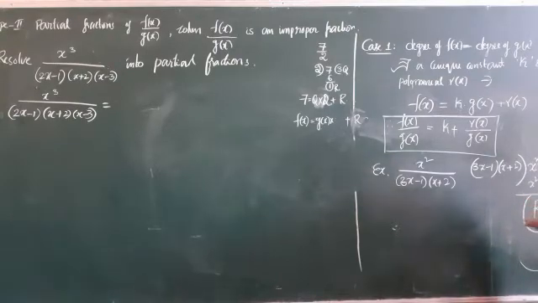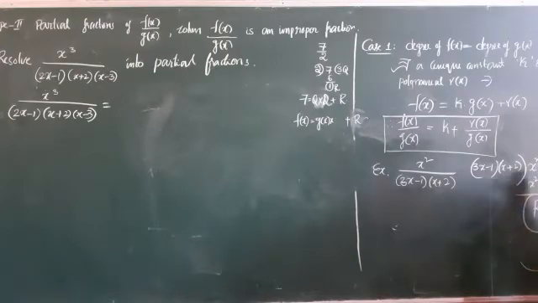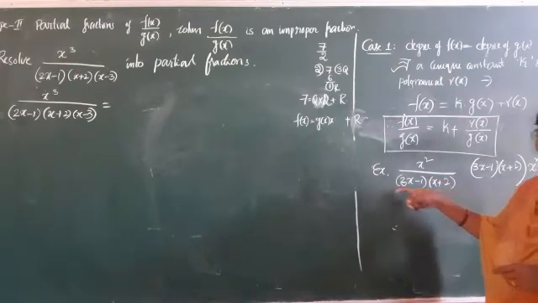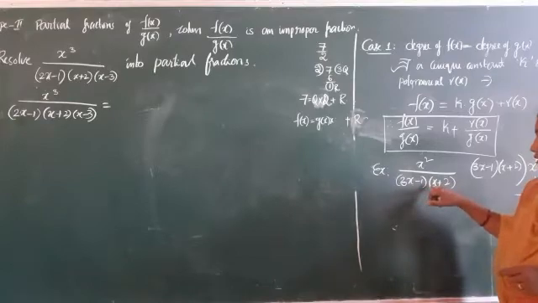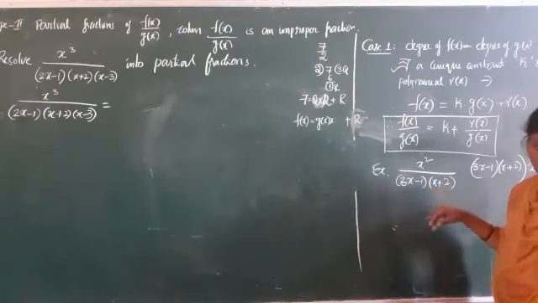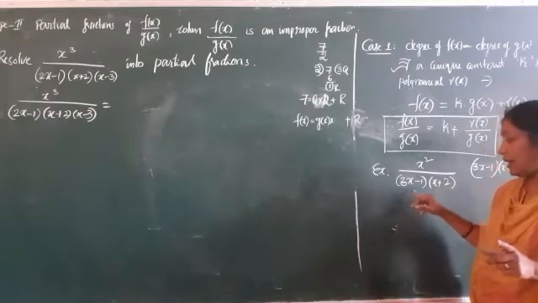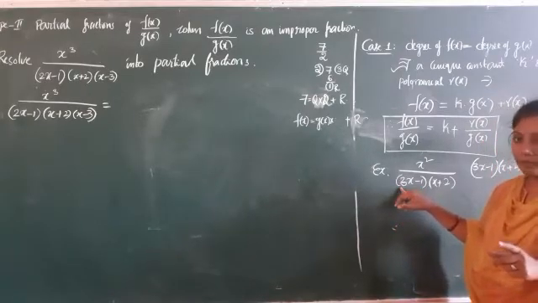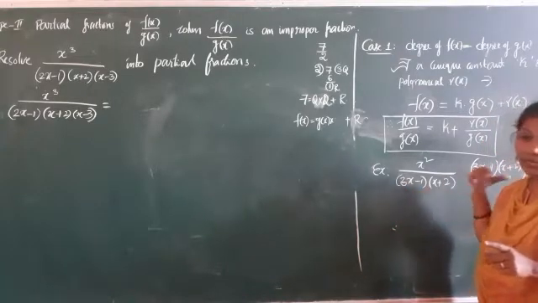Once you observe two things here, what will be the quotient? A constant. How do you get that constant? From the leading coefficients. If every linear factor has leading coefficient 1, the quotient is 1. If you have 3, you get 1 by 3.